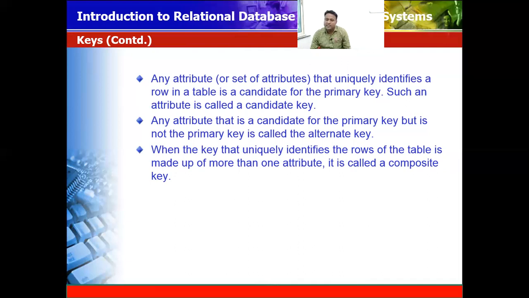When a key that uniquely identifies the row of a table is made up of more than one attribute, it is called a composite key, like room number and bed number here. Clear? Yes, sir.